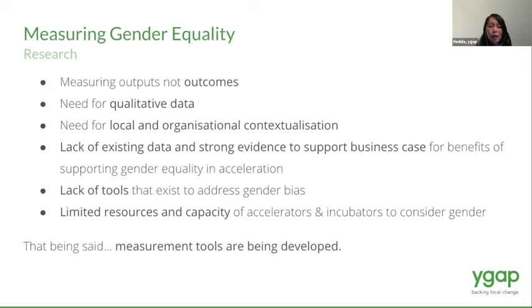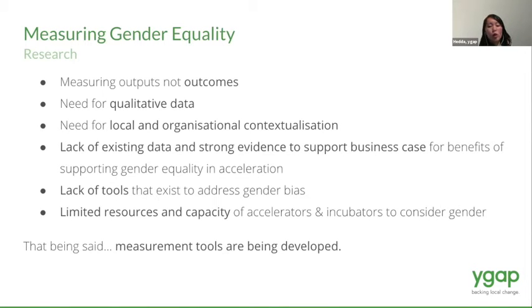Besides that, even though there's a lot of research showing the benefits of gender diversity in large organizations, such as improved financial performance and better designed products and services, there's still a lack of data and strong evidence to support the business case for the benefits of supporting gender equality through acceleration, but also in SGBs.